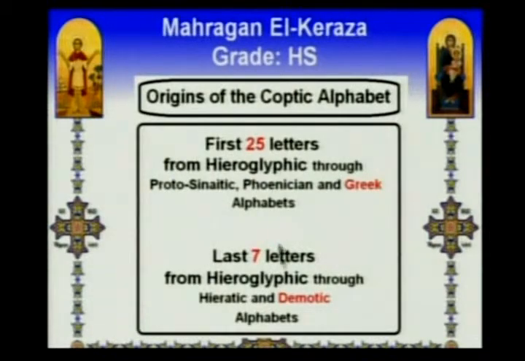And this slide here shows this, that the first 25 letters are from Greek through eventually the hieroglyphic, and the last 7 letters from Demotic, which also is from the hieroglyphic.